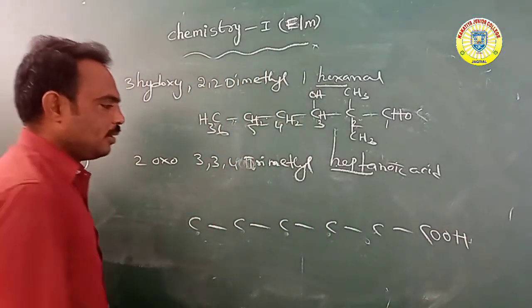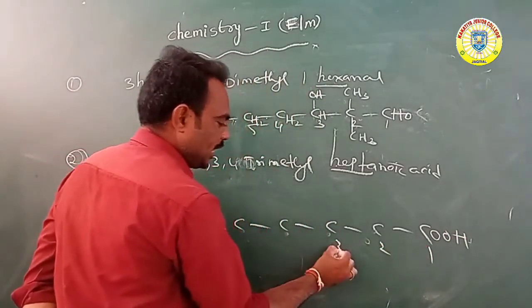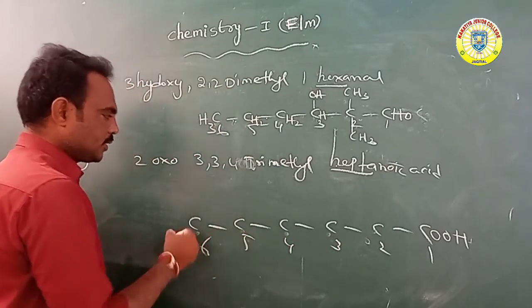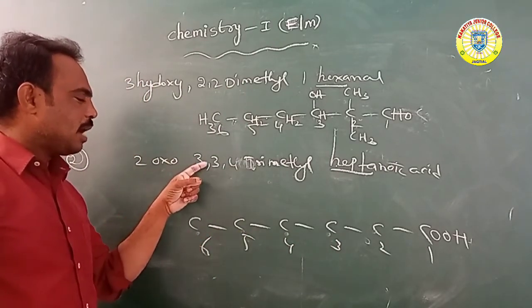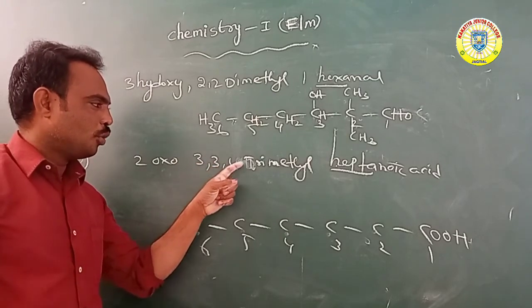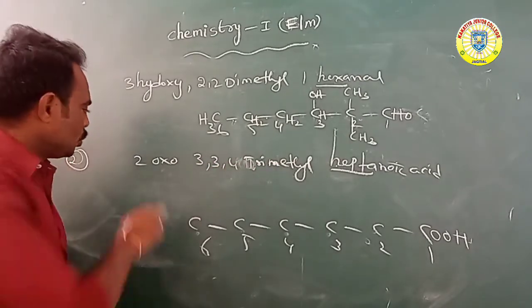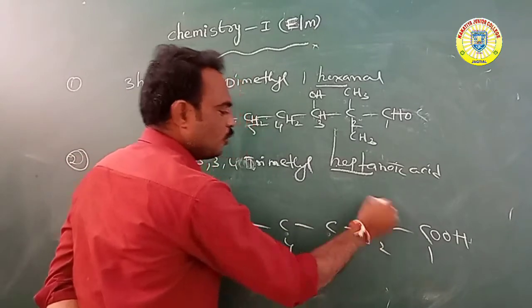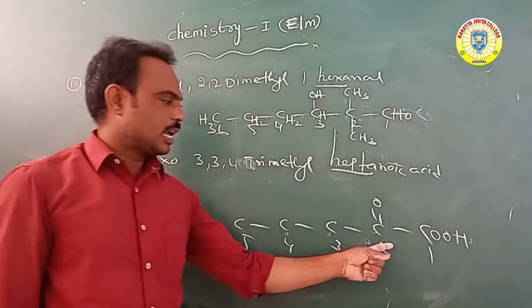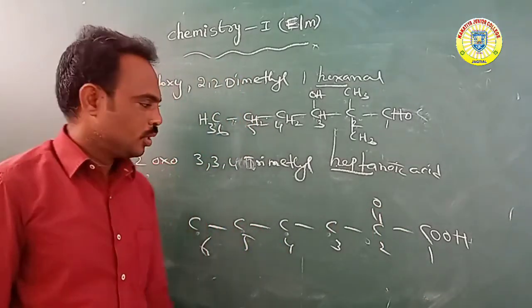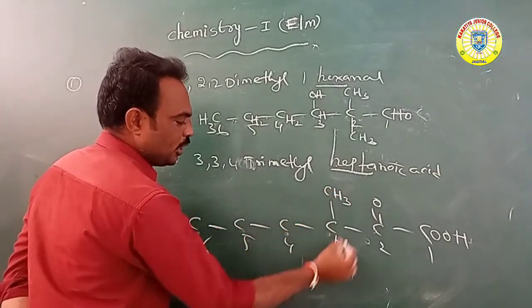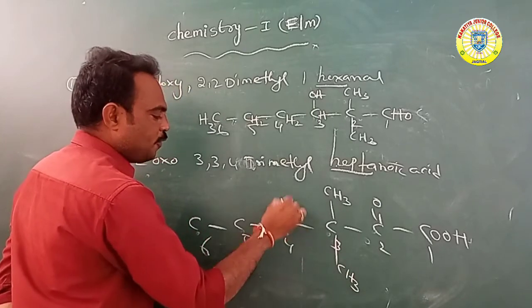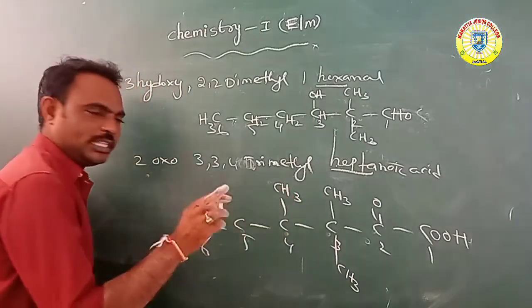We give the numbering 1, 2, 3, 4, 5, 6. 2-oxo means double bond O, so the second carbon is attached with C double bond O. The third carbon is attached with CH3, and the fourth carbon is attached with CH3.